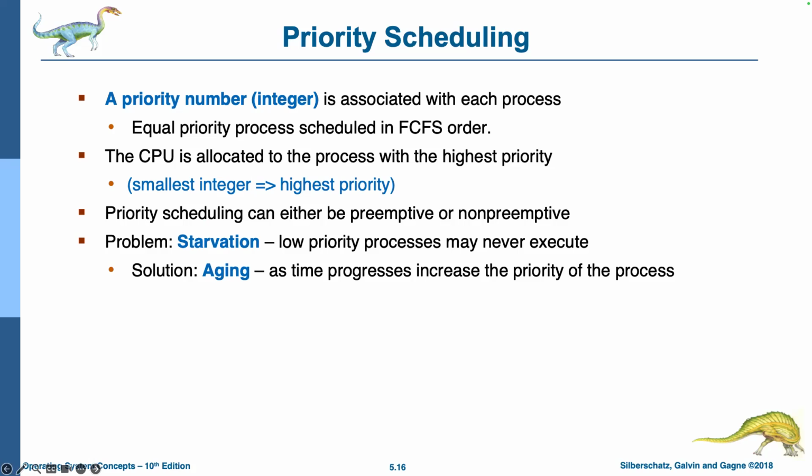That is starvation, and it's not good. The solution is aging: as time progresses, increase the priority of the process. If you've been waiting too long, we can increase your priority. It's a good idea.